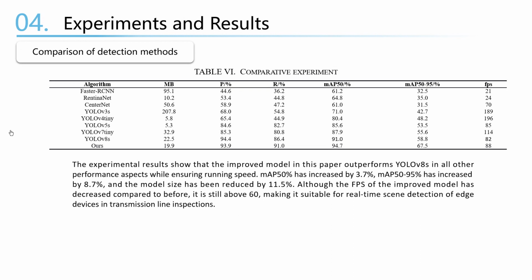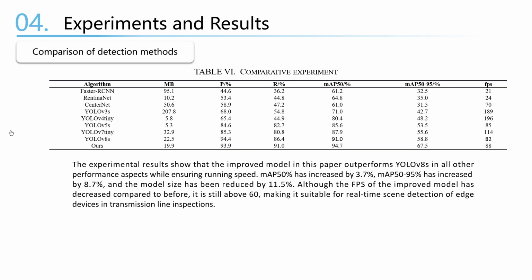Comparison of detection methods. The experimental results show that the improved model in this paper outperforms YOLOv8 in all other performance aspects while ensuring running speed. mAP 50 has increased by 3.7%. mAP 50 to 95 has increased by 8.7%.